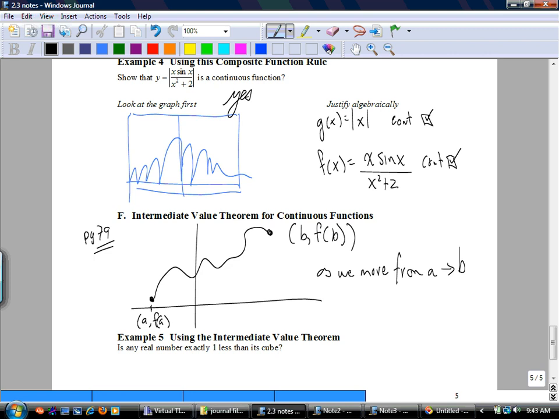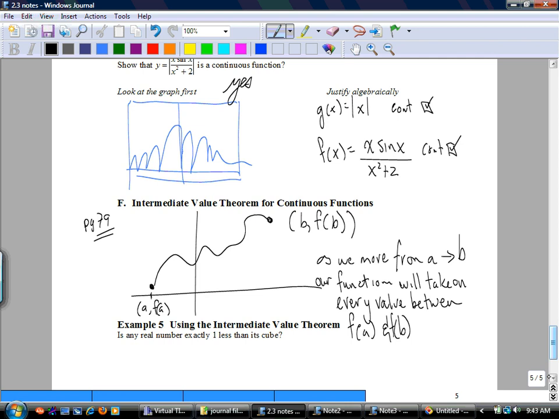If you stop and think about it. As we move from A to B, our function will take on every value between f of A and f of B.